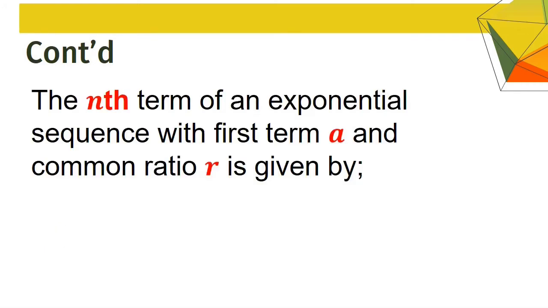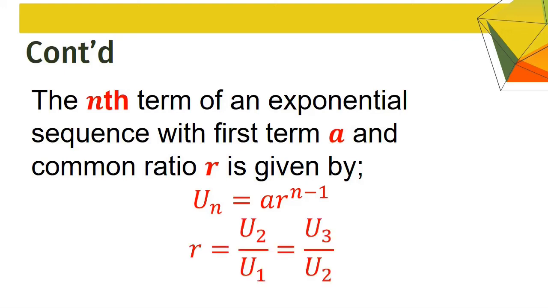And so the nth term of an exponential sequence or a geometric progression with the first term A and the common ratio R is given by U subscript n equals A multiplied by R exponent n minus 1. In other words, if I want to find the nth term of any exponential sequence or geometric progression, it is given by the first term multiplied by the common ratio exponent n minus 1.